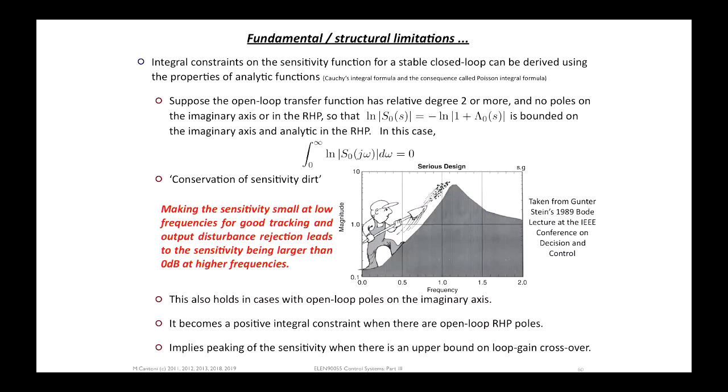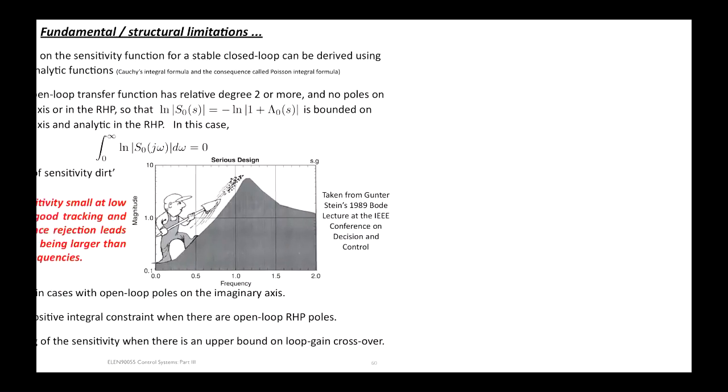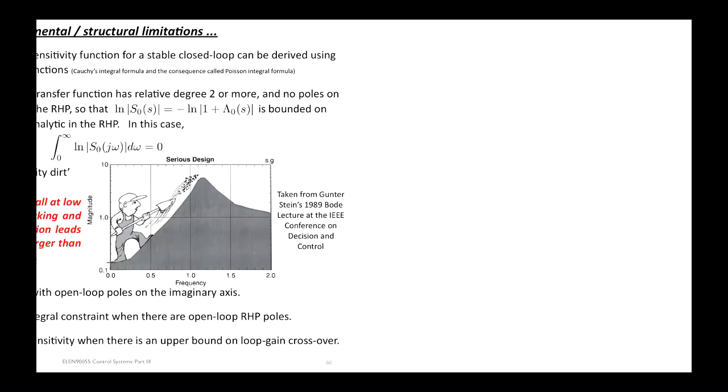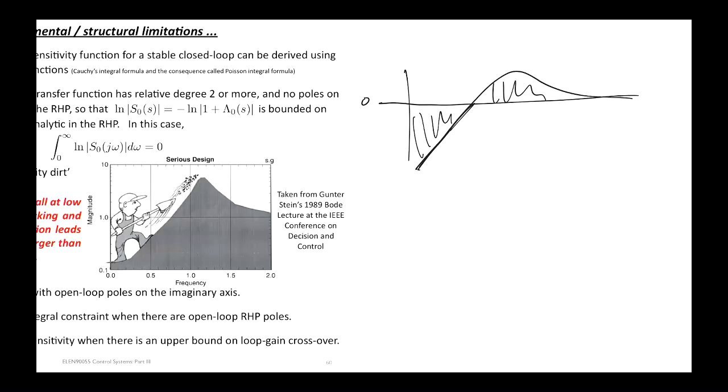I'm integrating a curve on a log plot, so we're integrating the log. The log of a gain of 1 is 0. The sensitivity function does this, so this part is negative, and when we integrate it we get a negative number. We integrate this part, we get a positive number, and they have to add up to 0.